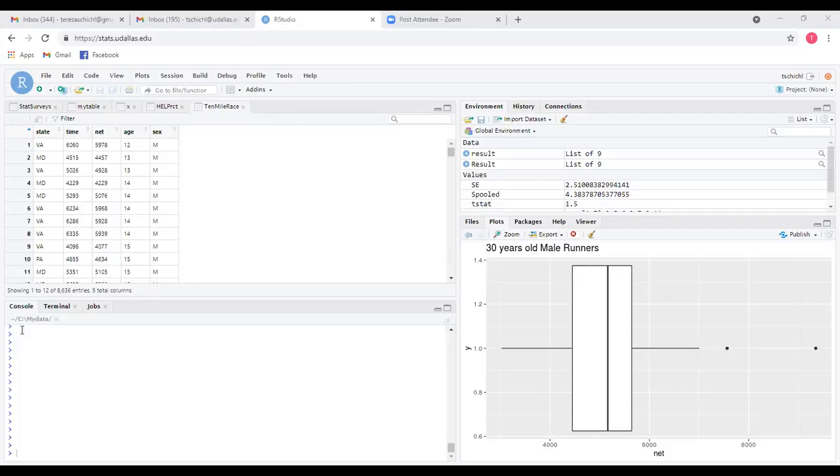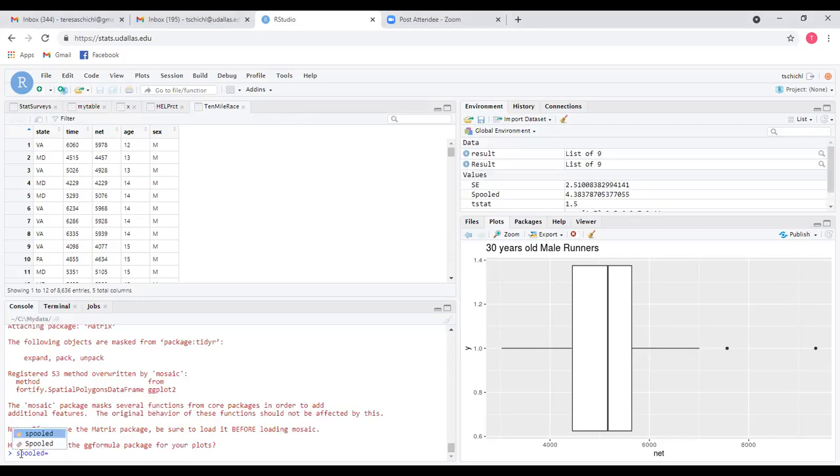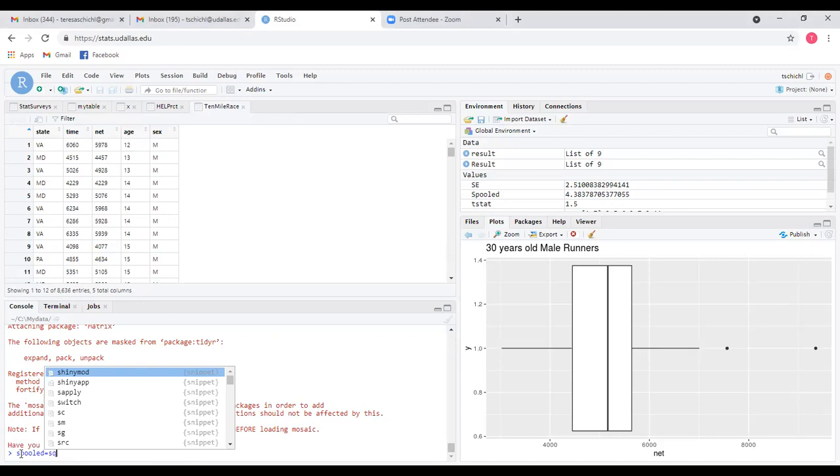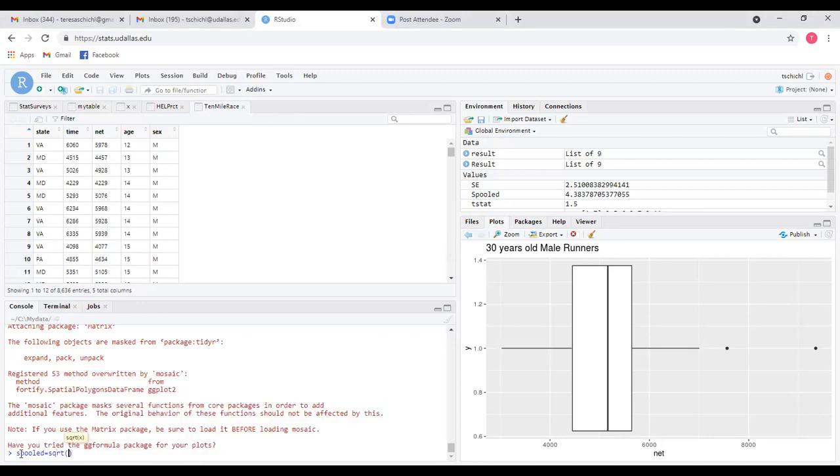In order to do this in R, the first thing you need to do is the pooled standard deviation. So you type in spooled equal to the square root, sqrt, then a parenthesis, and in here you put the first sample size is 8, so you put 7 times 4.85, that is the s1, and you need to square that, right?